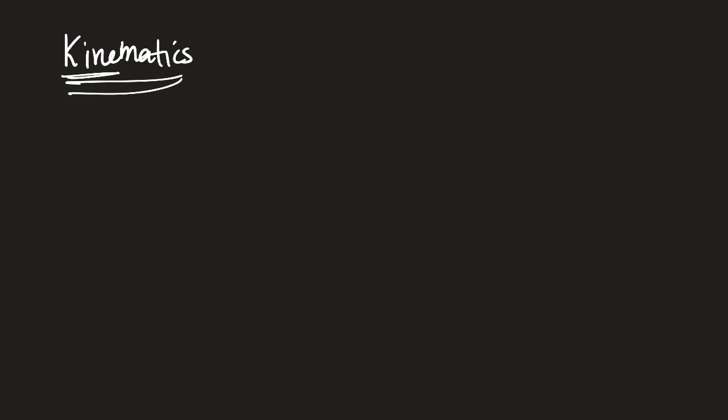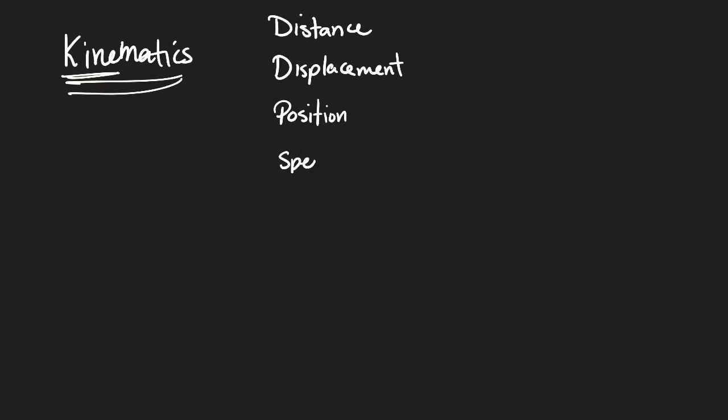Since it's a study of motion, there are a litany of words that we have to use. These words do not have ambiguous definitions. They are very precise, and because of that, we use them with great care. So you might have definitions for these words. They probably don't match mine.